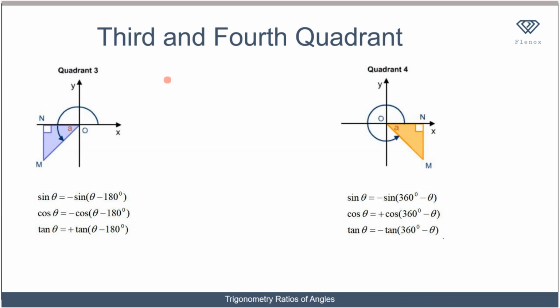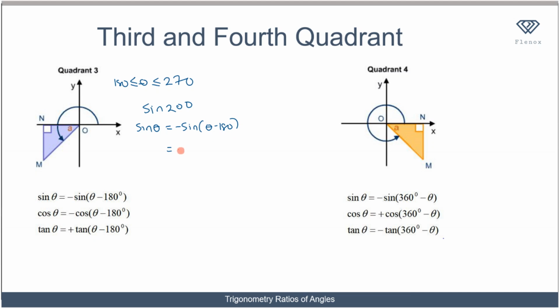So now for the third quadrant, these are the relationships to convert an angle that is in the third quadrant to an angle that is in the first quadrant. So as an example, for the third quadrant, the value of theta lies from 180 to 270. So as a quick example, let me say you want to find the value of sine 200. Now from the relationship, I know that sine theta, if theta is in the third quadrant, is equal to minus sine into bracket theta minus 180.